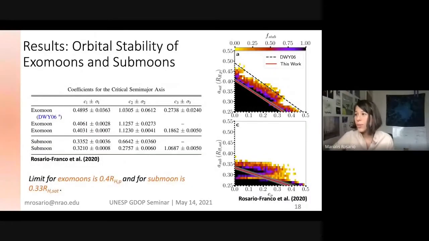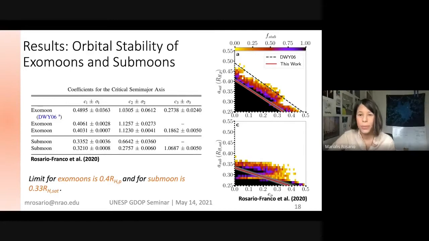And so we recover coefficients for the expression of the critical semi-major axis for both exomoons and submoons. And these are the results here in the right panel.